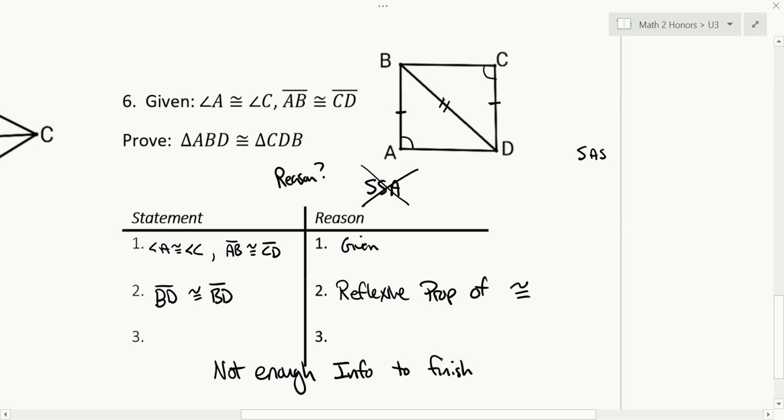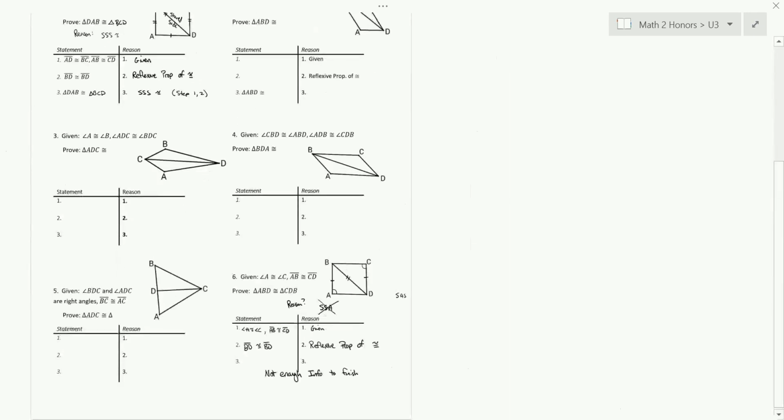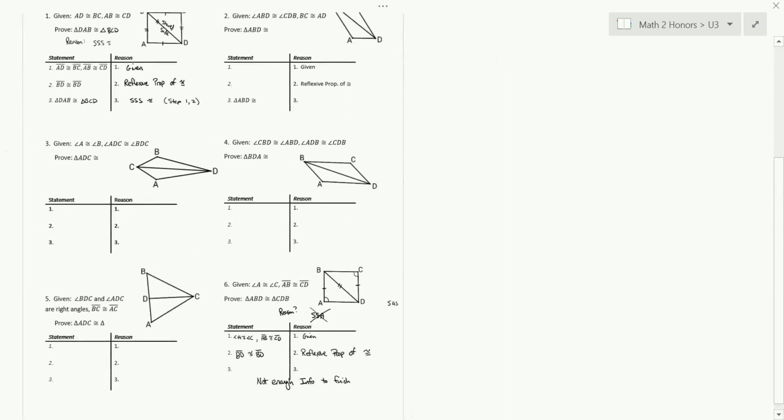I won't give them to you later, like when it gets more complex. I'm giving them to you now to know, am I allowed to use something like that, side-side angle, right? And we aren't, okay? So you just got to check, when am I allowed to use something, when am I not? All right, so there are 4 others on here that you're going to do for homework. Let's go to the next tip.